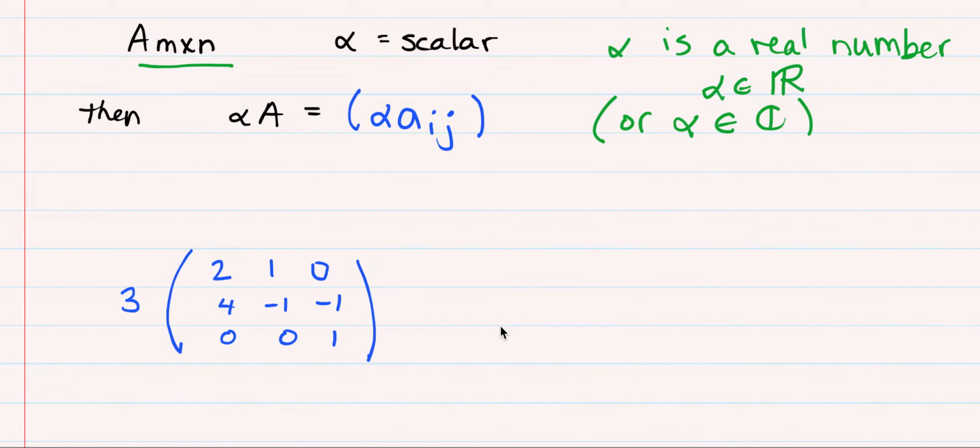So here I'm taking this 3 by 3 matrix and multiplying it by the number 3. So according to this definition, I'm going to send this 3 to everything inside the matrix. Let's do that. I'm going to write it out very explicitly, and then I'm going to reduce it.